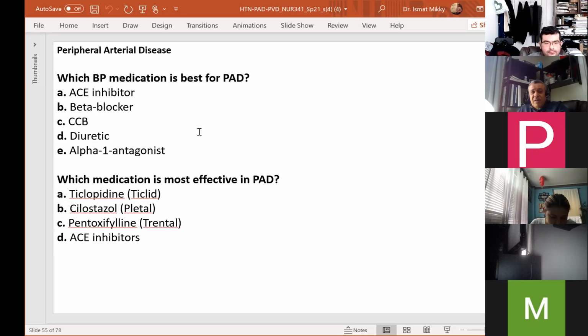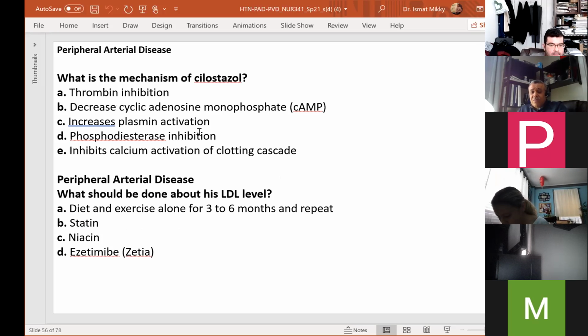Pentoxifylline, which is the Trental, is an older medication for PAD, and the Pletal has shown better and faster results too. So Pletal.